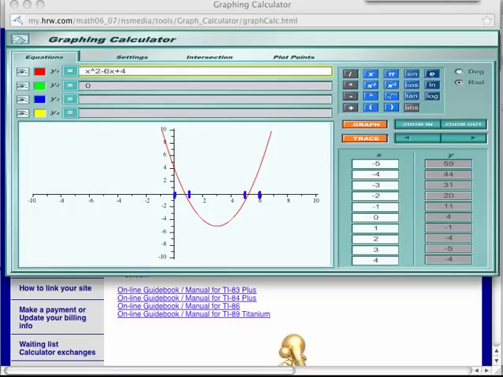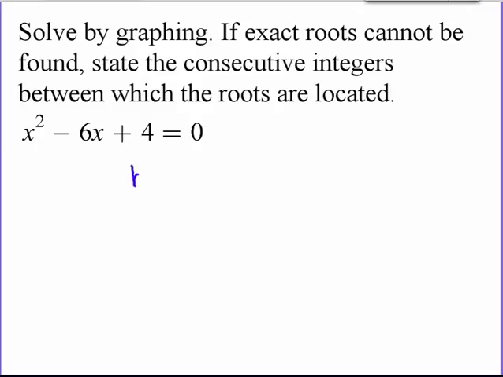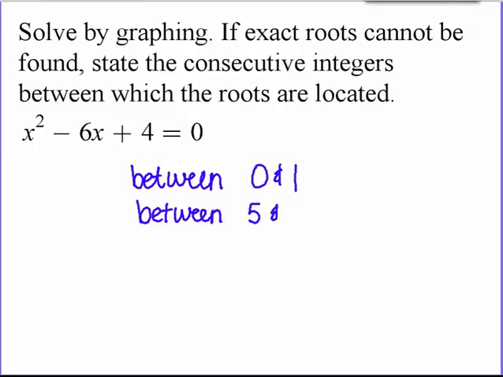So your answers are between 0 and 1, that's your first one, and then between, what was our next one, do you remember? 5 and 6. And so that's your answer. That's all you need to do.